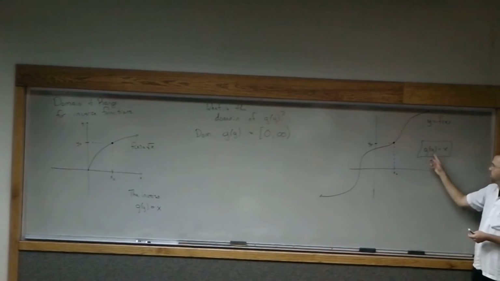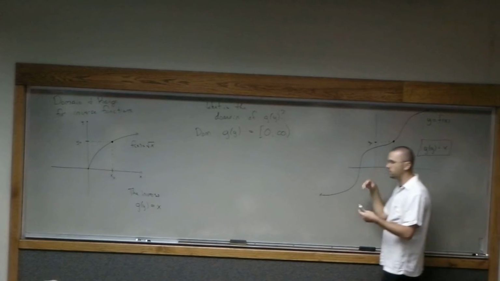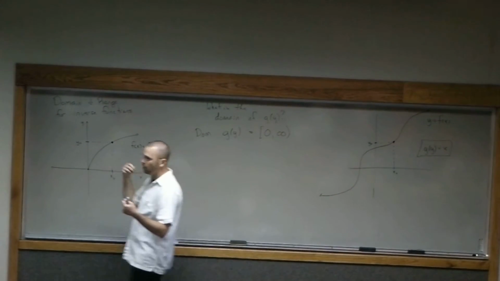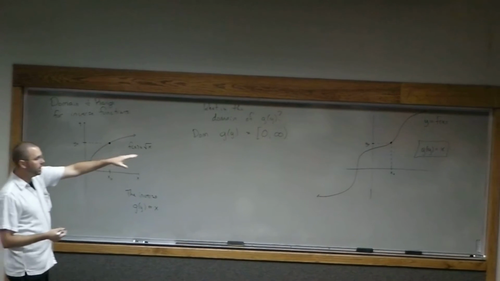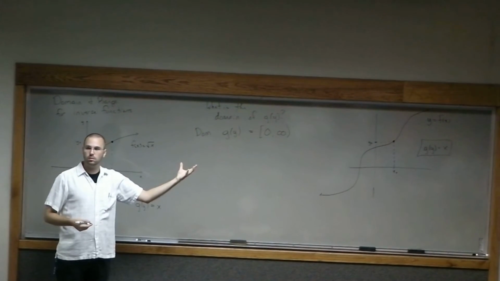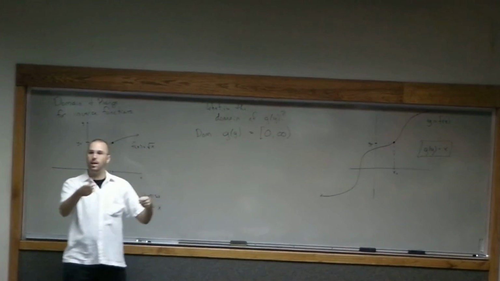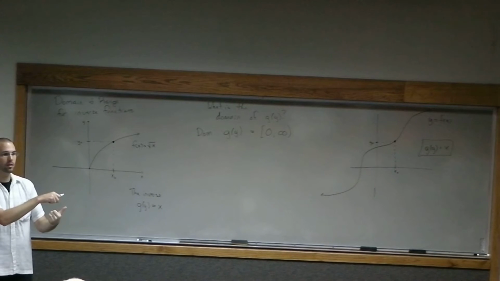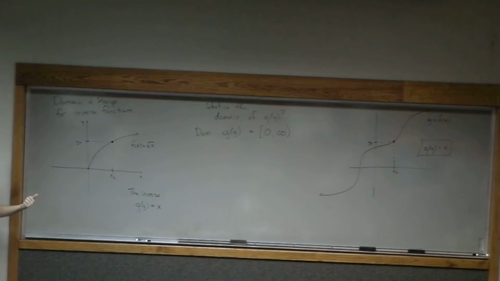What values do I plug into the g of y function? Don't think of them in terms of positive reals or negative reals or every number except 0. Think about what values go into that function. What am I sticking into the inverse? The output of the original function. I'm sticking in the outputs of my original function, because that's what the inverse does. It undoes the original function.